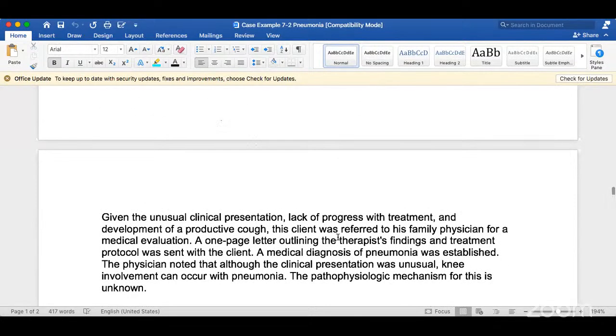Yes. And one of the things that makes it to have systemic nature as a problem is the productive cough, just like a few participants have noted. So lack of progress with treatment, because this is a condition that is expected that when you treat, the patient's symptoms will be relieved. That's the expectation in that kind of situation and the diagnosis that the physiotherapist thought it was.